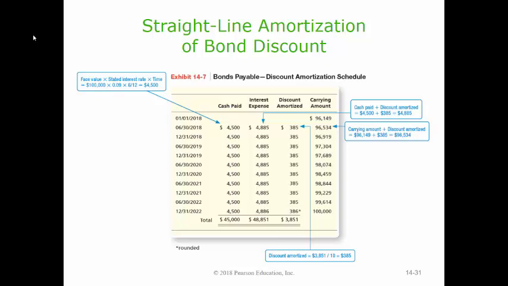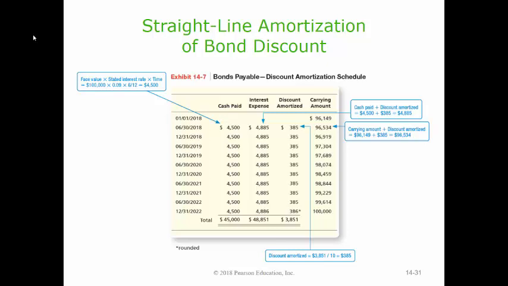And here we have an amortization schedule for our bond. Our bond started out with a carrying amount of $96,149. Well, on our first interest payment, we paid $4,500 in actual cash, one more time, face times rate times time, and we amortized $385 in discount, bringing us to a total interest expense of $4,885.